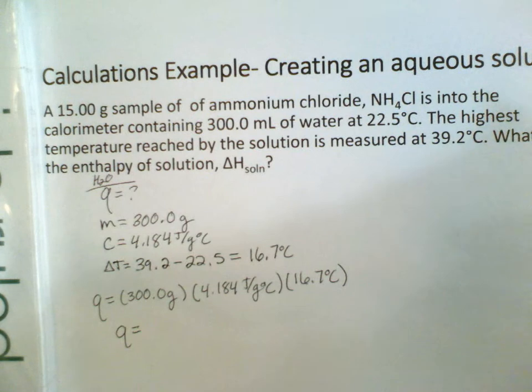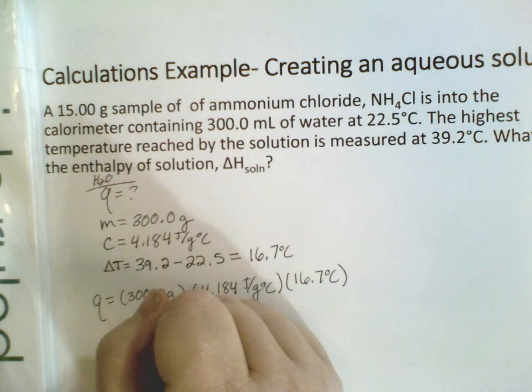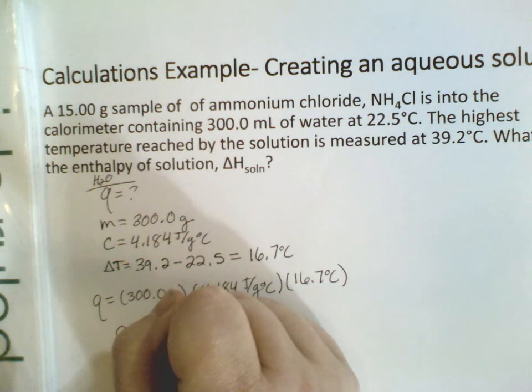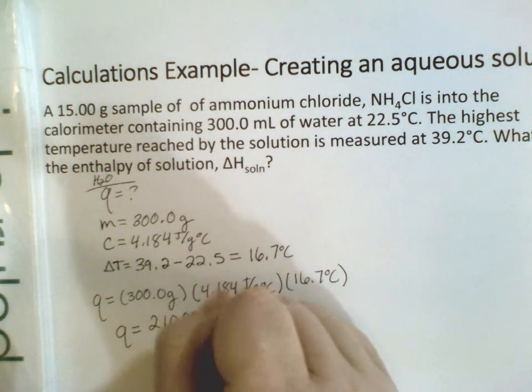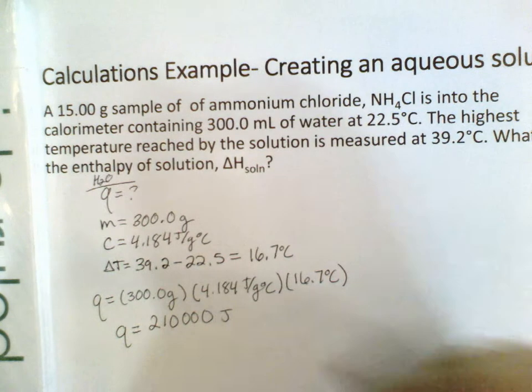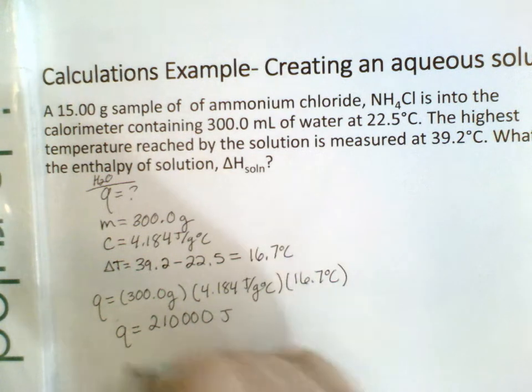So we should have gotten 20,961.84. But we have 4, 4, and 3 significant figures, so it would round to 210,000 joules. All right, so that is our heat of our water. That's how much heat the water gained.